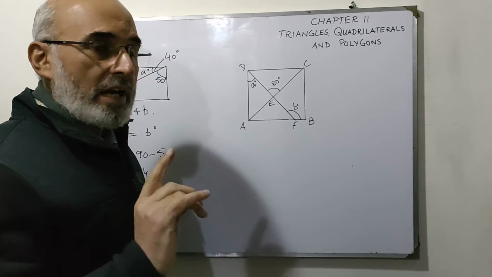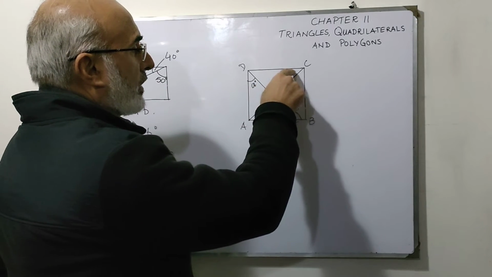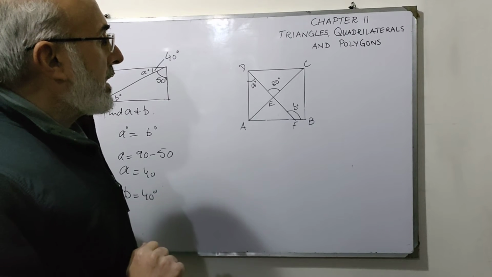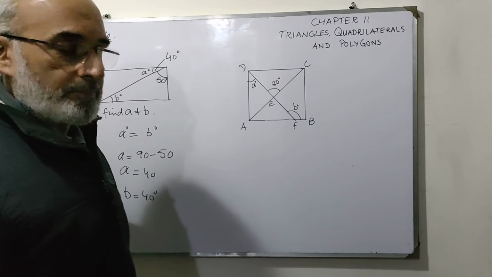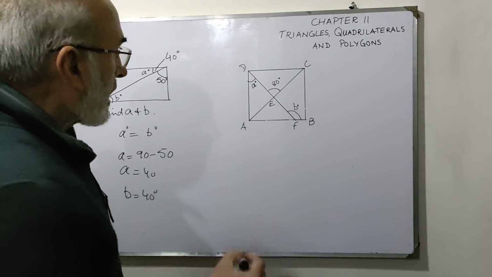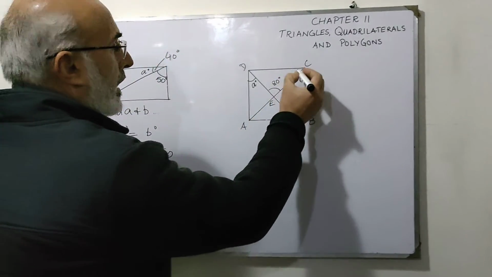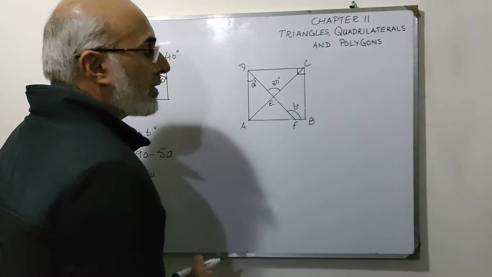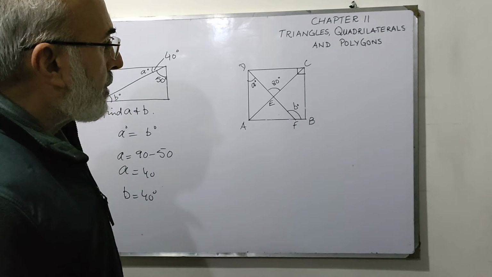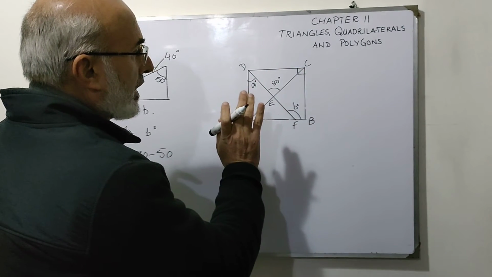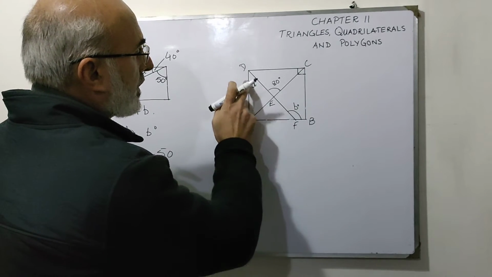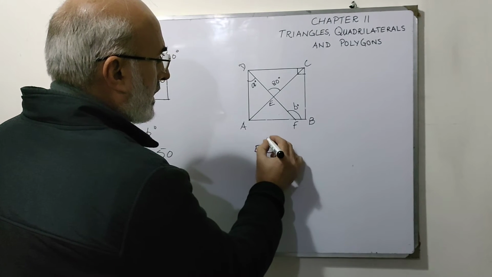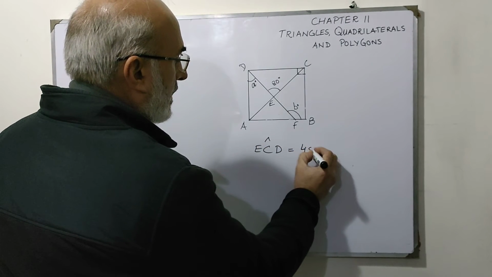First, we need to know the angles of this triangle CDE. But we know that this angle is of 90 degree. Okay. So if this is of 90 degree, then it means that the angle ECD is of 45 degrees.